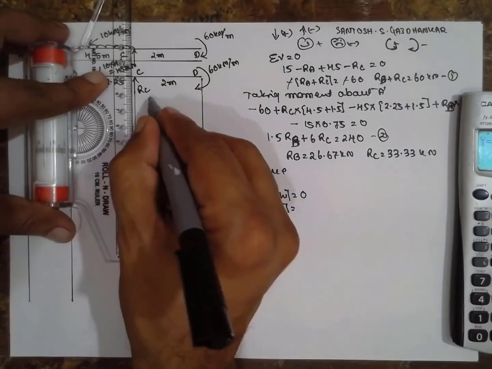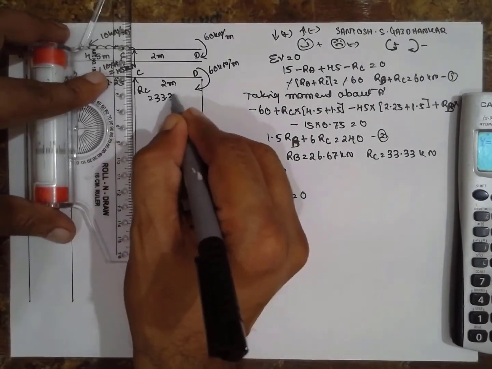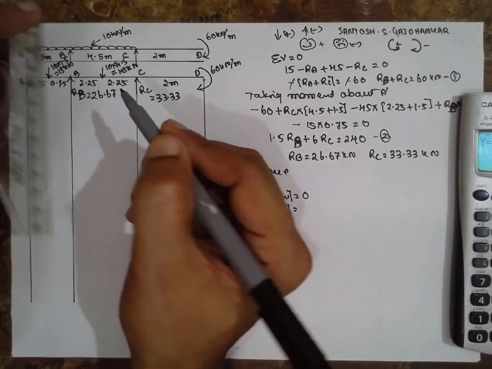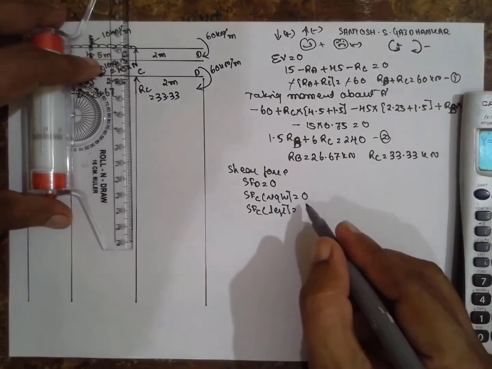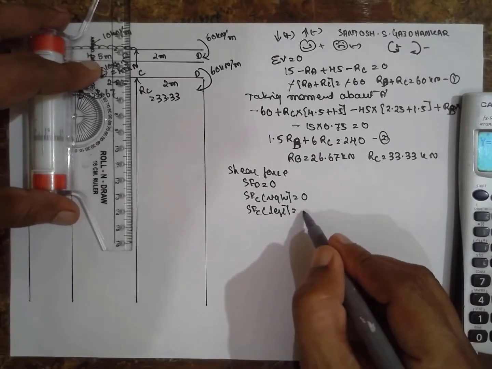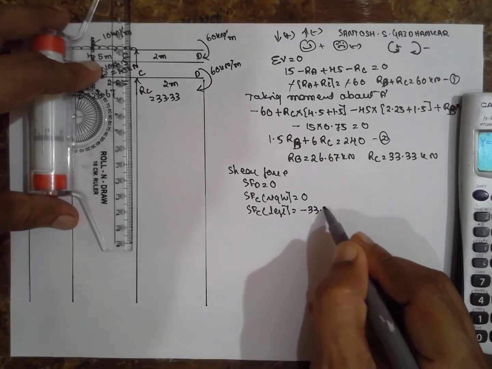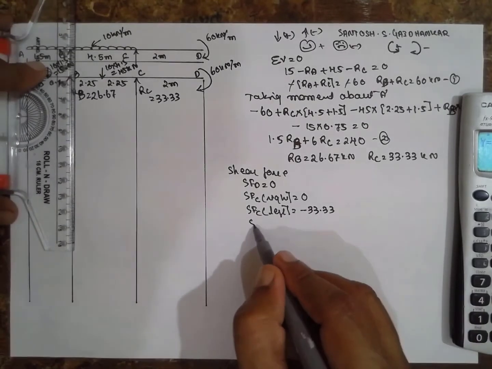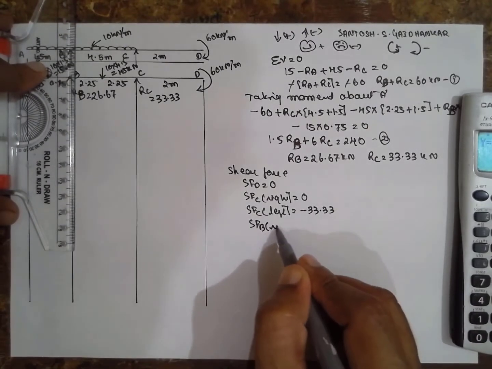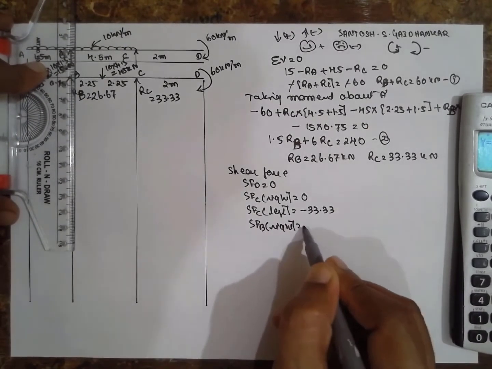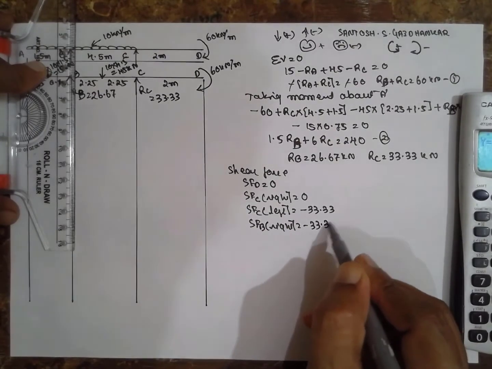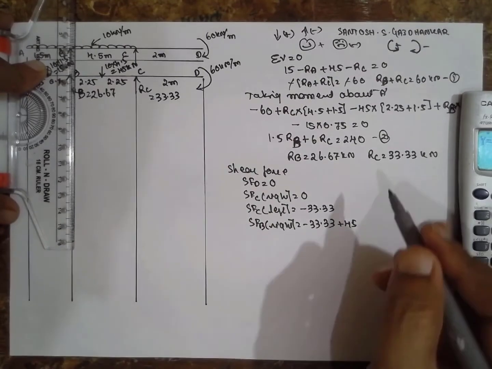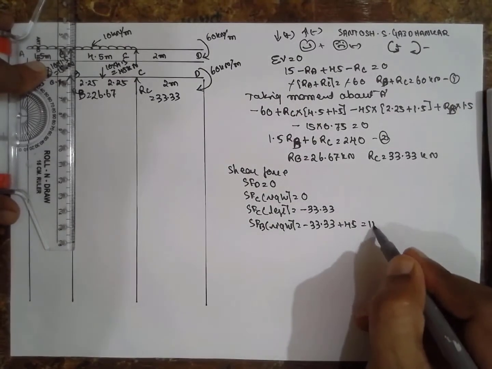What is the RC value? 33.33, minus 33.33. At B, left and right side: on the right side, previous value minus 33.33 plus 45, 11.67.